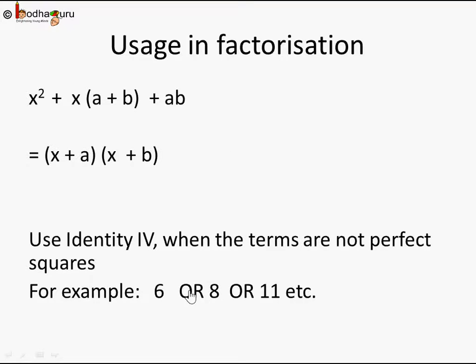When we don't find perfect squares on the extreme. So if your numbers are 6 or 8 or 11, they are not squares. If there is 9 or 16 or 25, we can use identity 1. But if it is 6, 8, 11, that kind of numbers, then we can't use identity 1, and we try to find out, can we use identity 4.